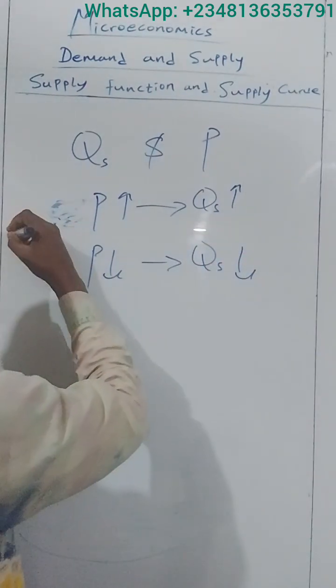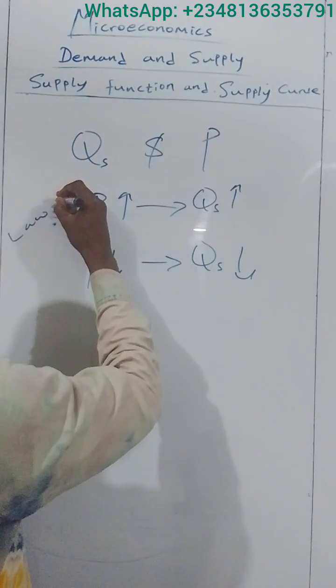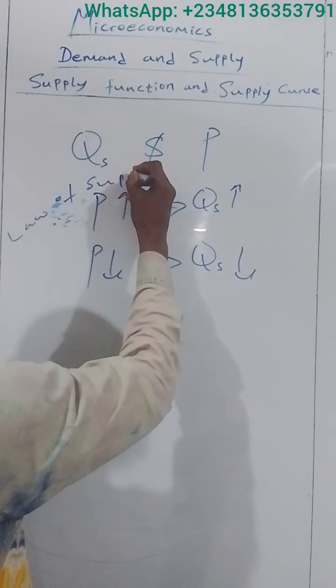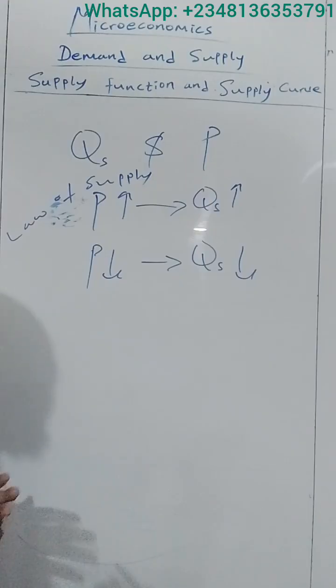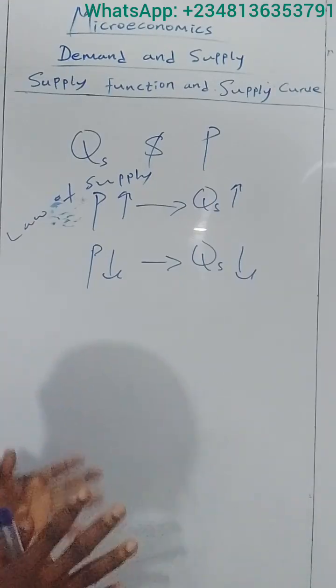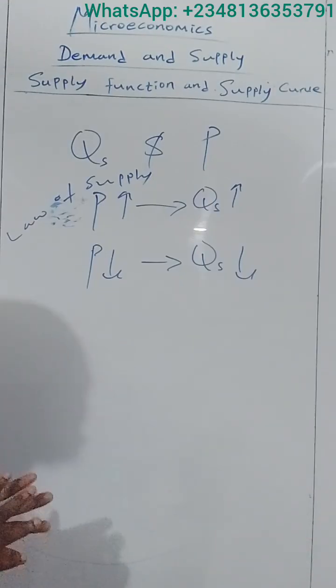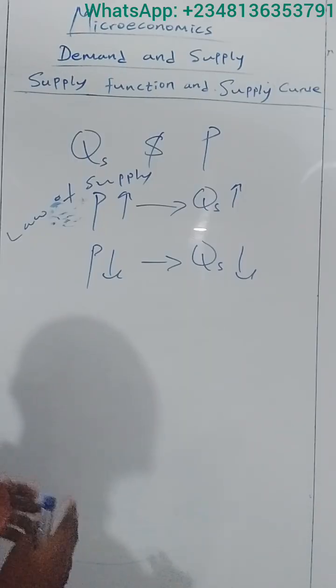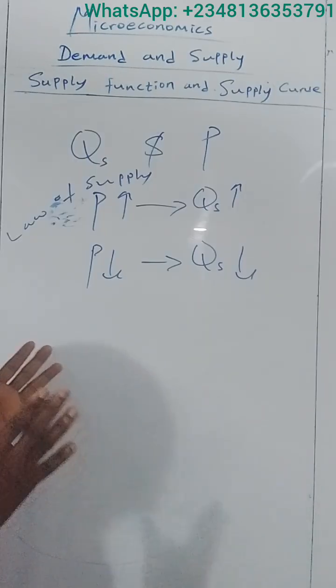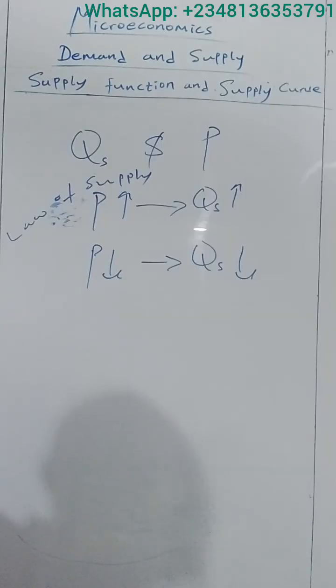This is the law of supply. That is, there is a direct relationship, or a positive relationship, between the quantity supplied of a commodity and the price of that commodity.